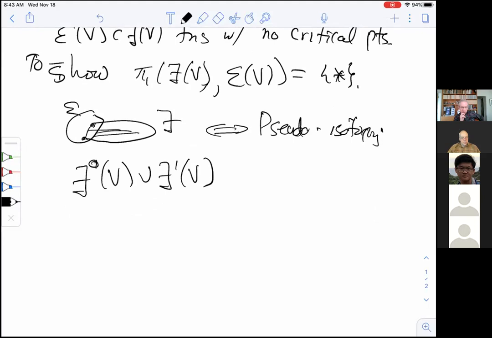F1 consists of crossings of critical values and cusps, where two critical points are created as you move along. So crossings and cusps form the codimension 1 strata in here.